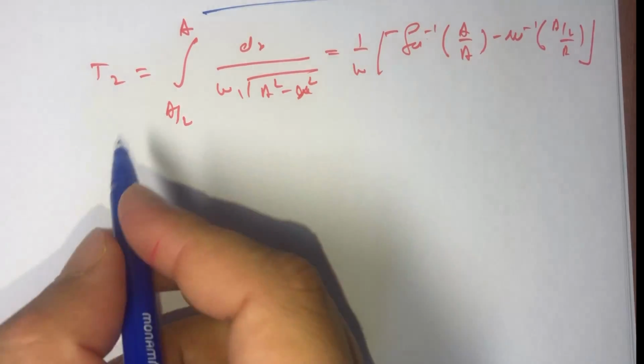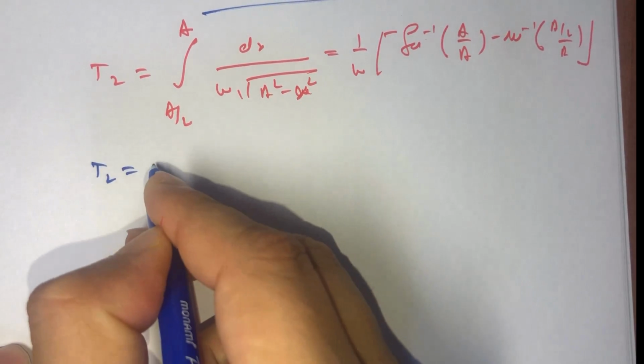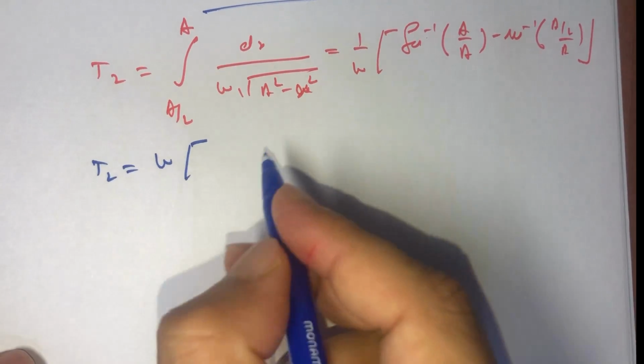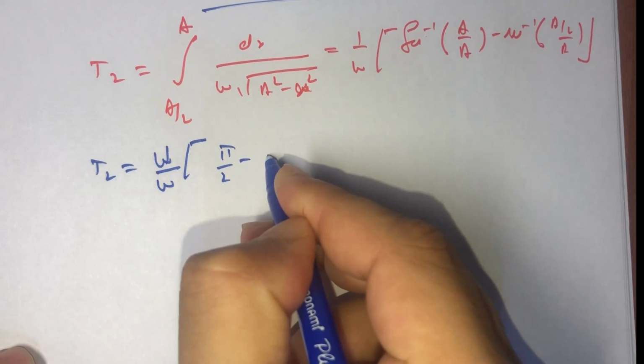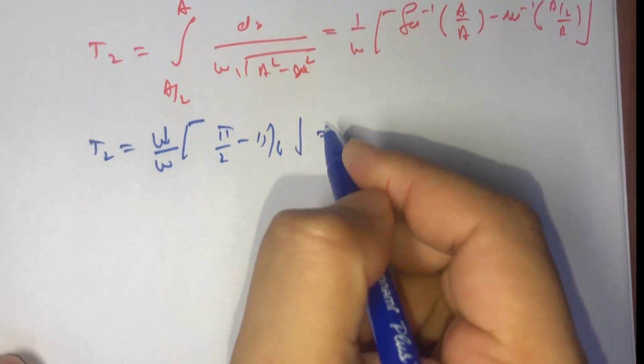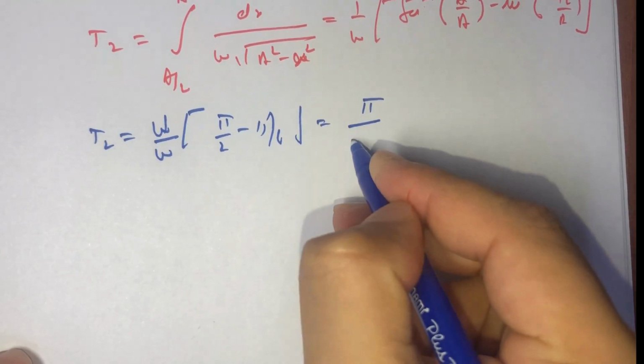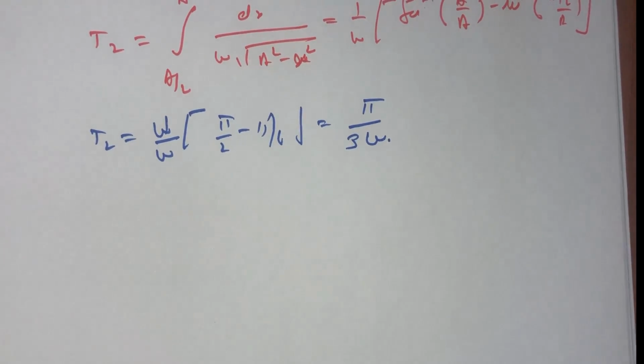So we can write that our t2 is equal to 1 upon omega, and pi by 2 minus pi by 6, so this gives us pi by 3 omega.